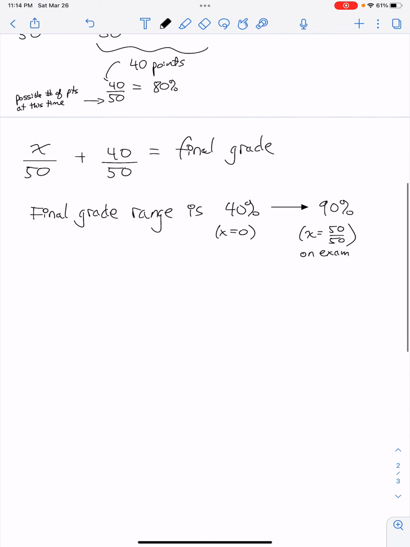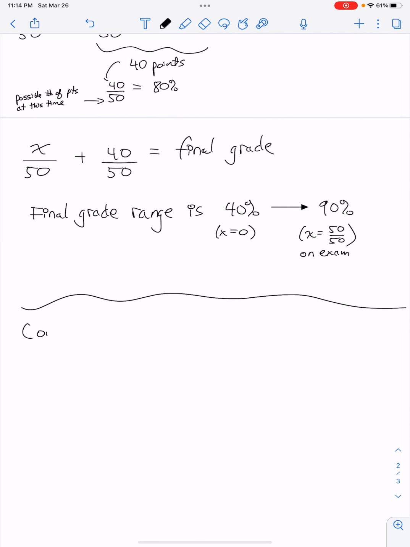Now, there's a complication. And that is, most of the time, assessments are not scored to a total that matches their weight.